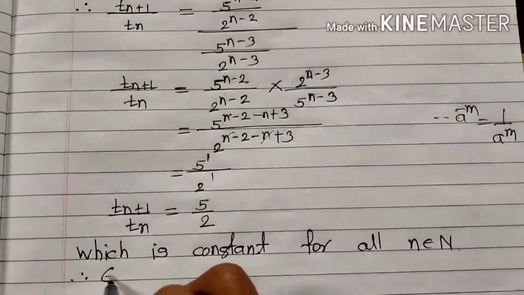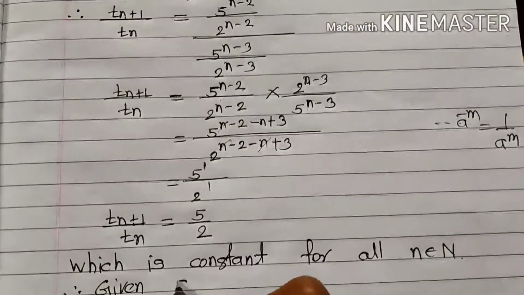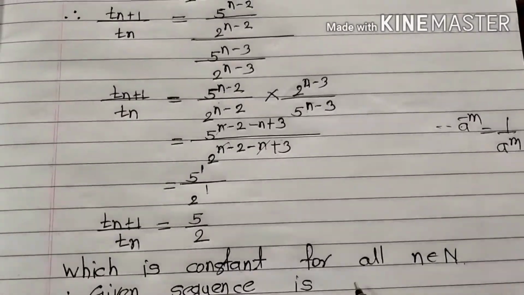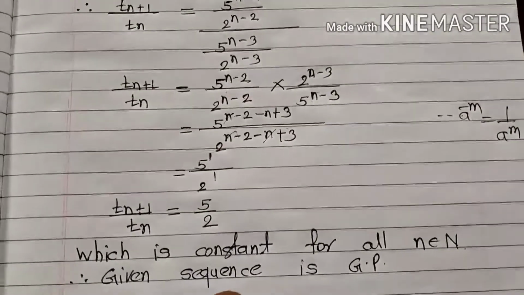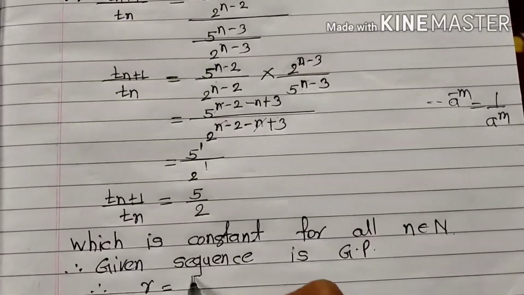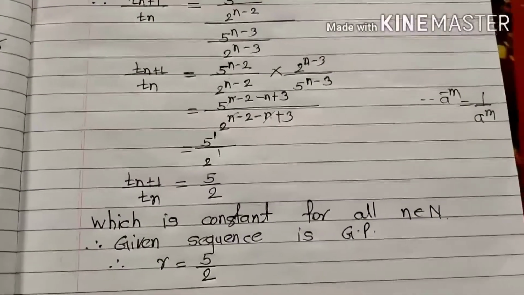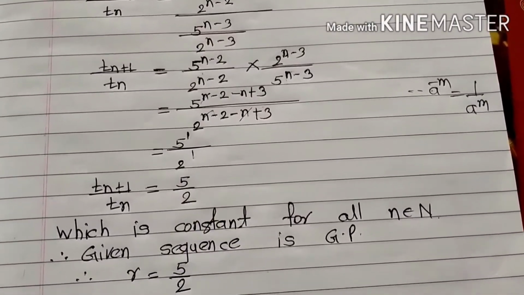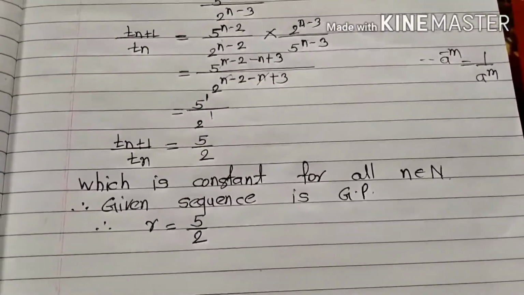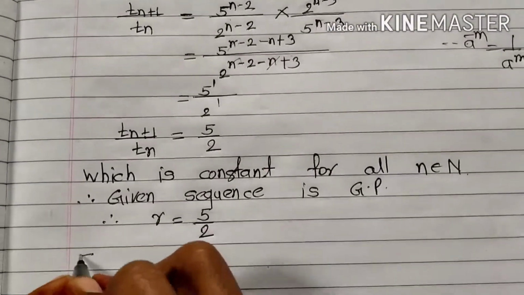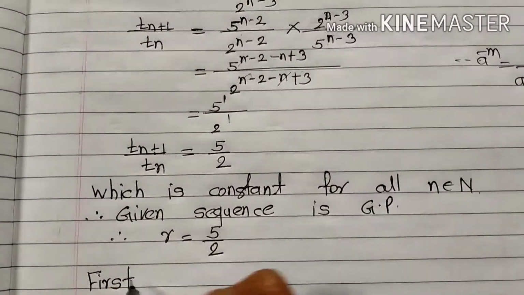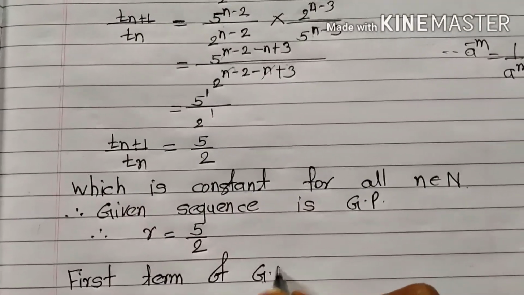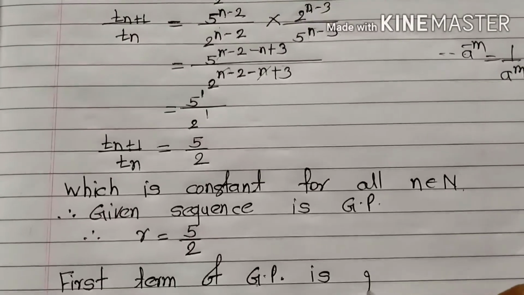Therefore the given sequence is GP and therefore r is equal to 5 upon 2, because we know that Tn plus 1 upon Tn is the constant ratio which is denoted by r. Now we have to find T1, the first term of the GP.